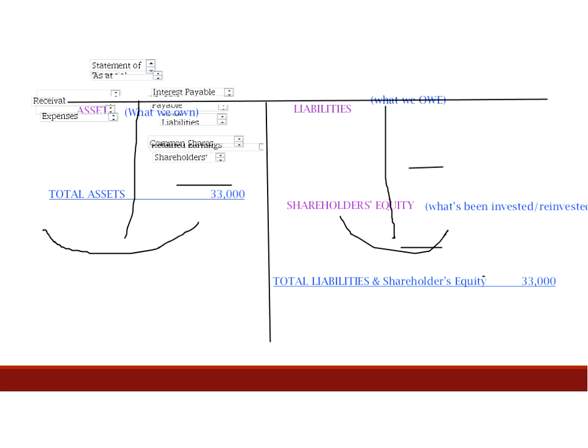And so what we're really trying to do is balance the scale here, and what you'll see is that our total assets is always equal to our total liabilities and shareholders' equity. In other words, what we own comes from either borrowing, what we owe, or from what's been invested or reinvested. So what we've been able to generate in profits in order for us to buy new assets or to have cash on hand, or funds that have come in from investors.